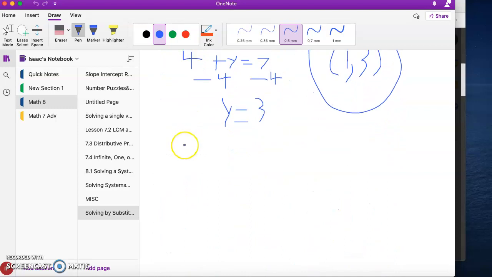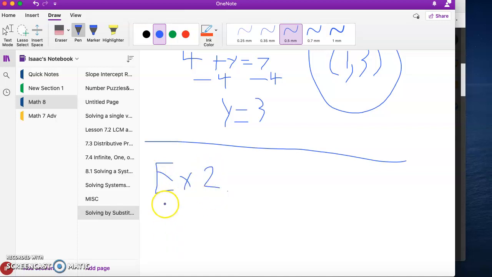I'm going to give you one more example. If you feel comfortable, don't worry about writing this one down. All right, so for my second example, I've got negative 2x plus 6y equals 1.